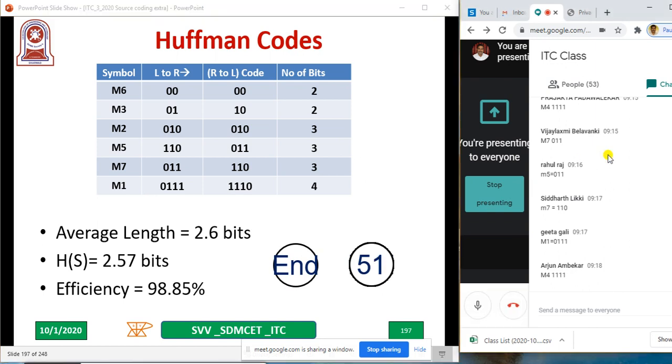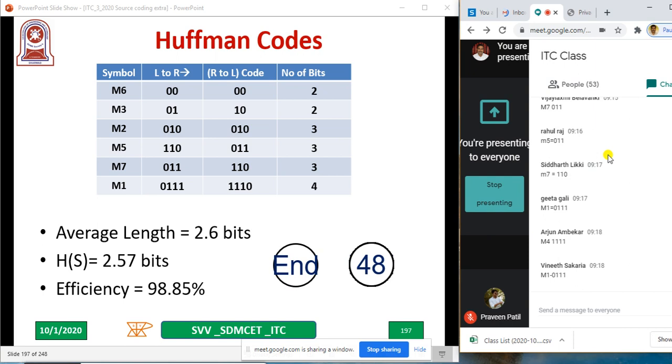Average length, all of you know how to find out, and all of you know how to find H of S, also efficiency. Follow the same procedure and find, and if you get the answer, type in the chat box so that I'll come to know you have completed, so that I can go to the next slide.